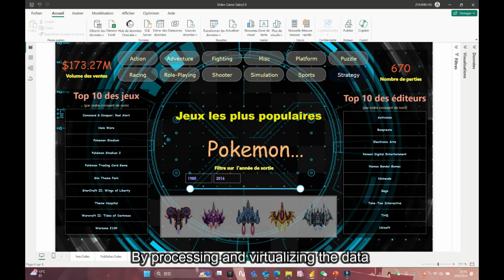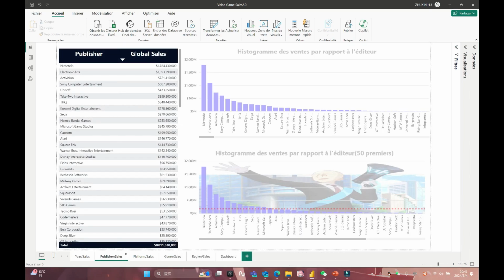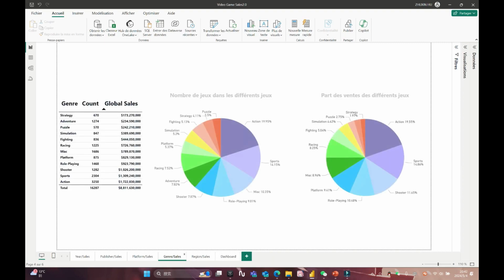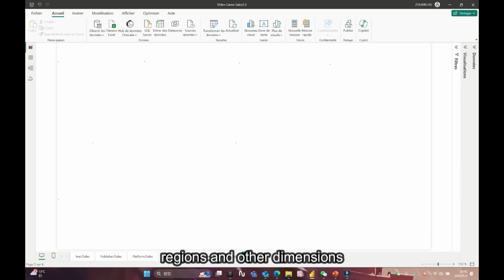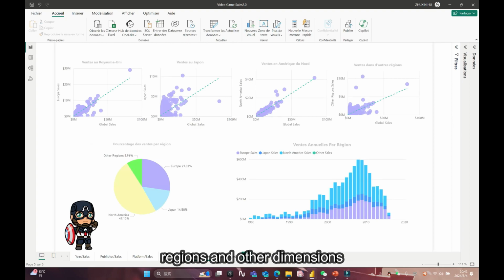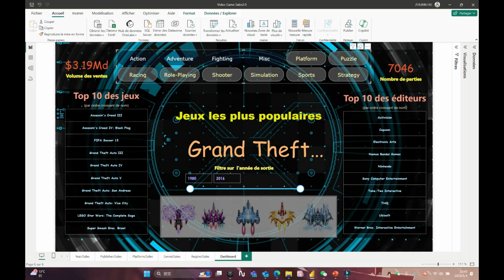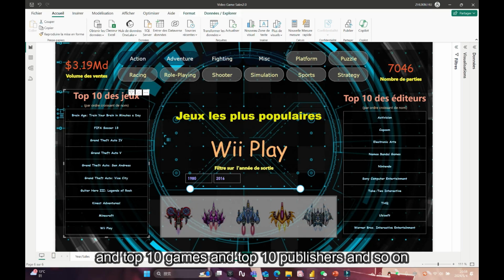By processing and visualizing the data, we can clearly know the relationship between game sales and game publishers, platforms, genres, regions, and other dimensions, and understand the best-selling game in each genre, and the top 10 games and the top 10 publishers and so on.